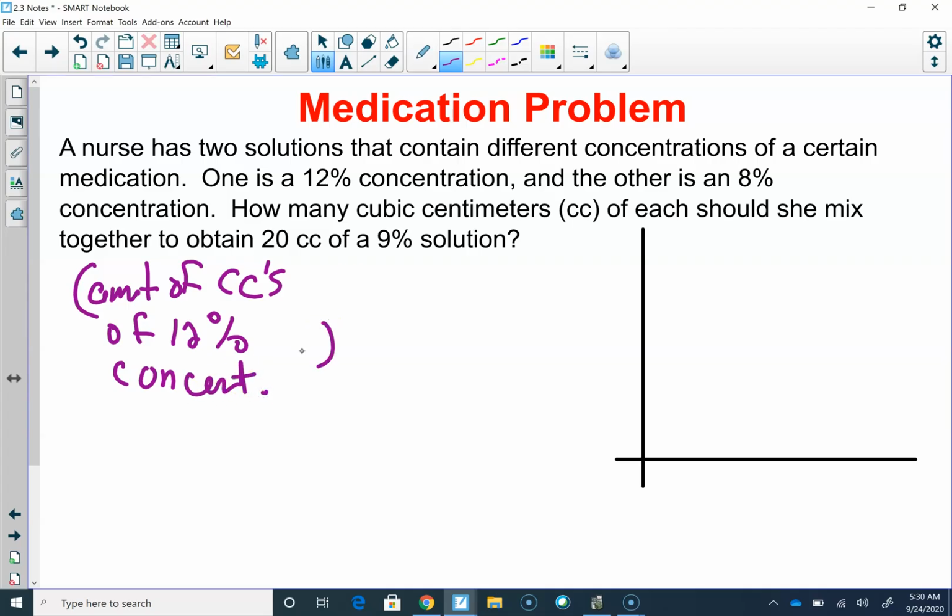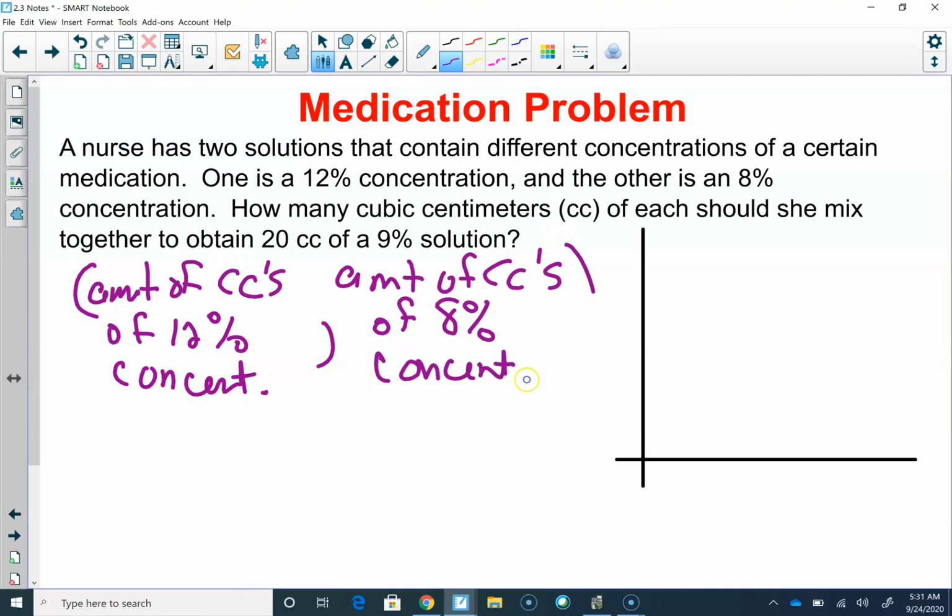And the second one is going to be the amount of cc's of the 8% concentration. How many of the cc's should she mix together to obtain 20 cc's? So I want to make a total of 20 cc's at 9%.